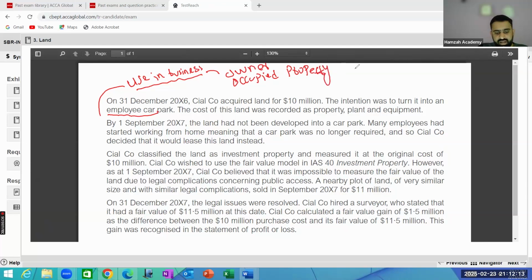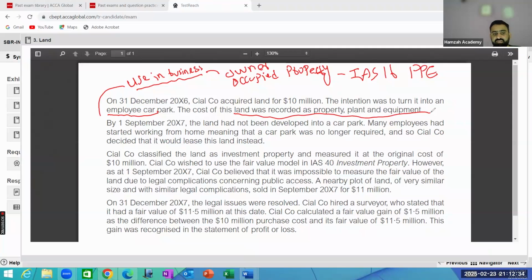The relevant standard is IAS 16 Property, Plant and Equipment. The cost of this land was recorded as property, plant and equipment. Yes, they were right. It should be treated as property, plant and equipment.